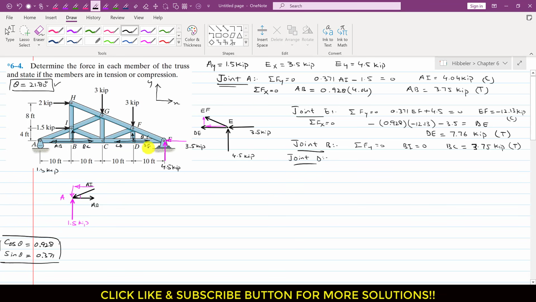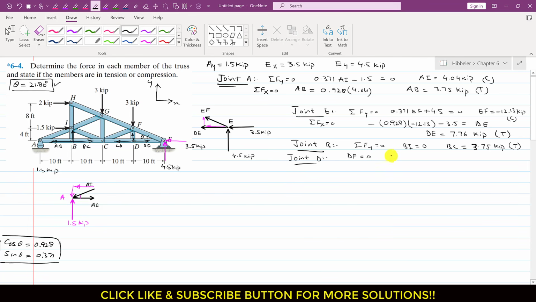So again, DE and CD forces are collinear with each other, and along the line of action of this DF there is no other force, so this means that this DF force is again 0, right? So if we apply the summation of forces along y equals to 0, DF will be equal to 0. So again we can write directly that DF is a 0 member, right?